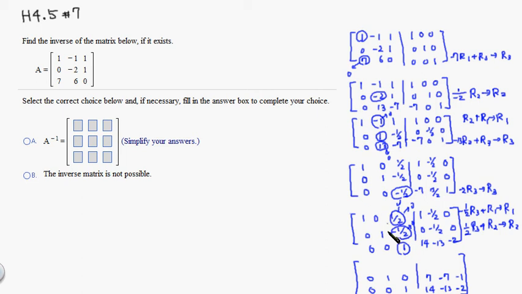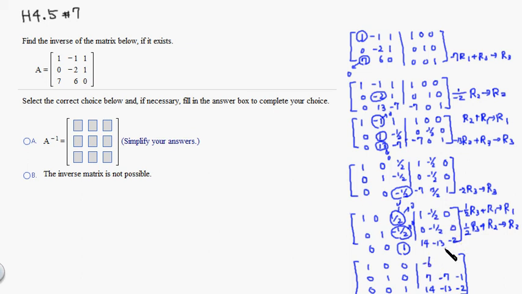All right, so last one, let's see. We multiply 0 by negative 1/2 plus 1 is 1. 0 times negative 1/2 added to 0 is still 0. 1 times negative 1/2 added to positive 1/2 is 0. We're done with that. Then 14 times negative 1/2 is negative 7, added to 1 is negative 6.